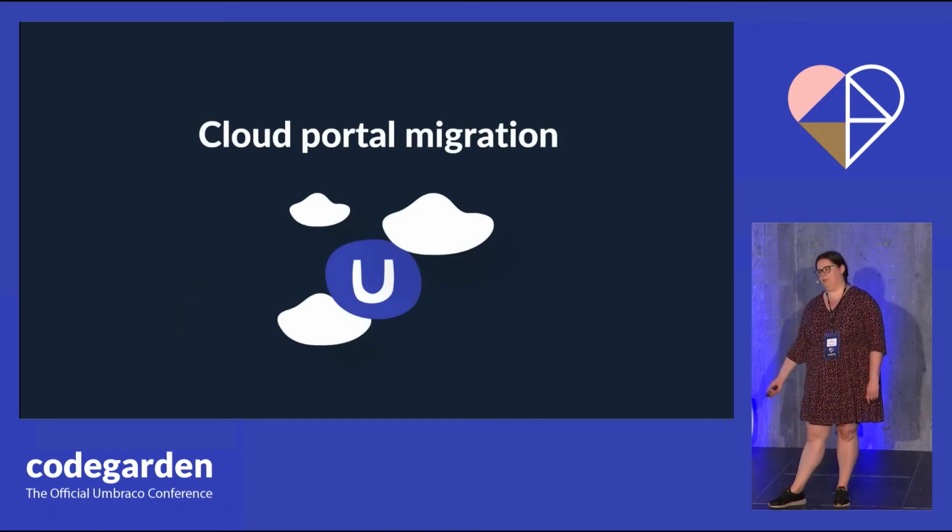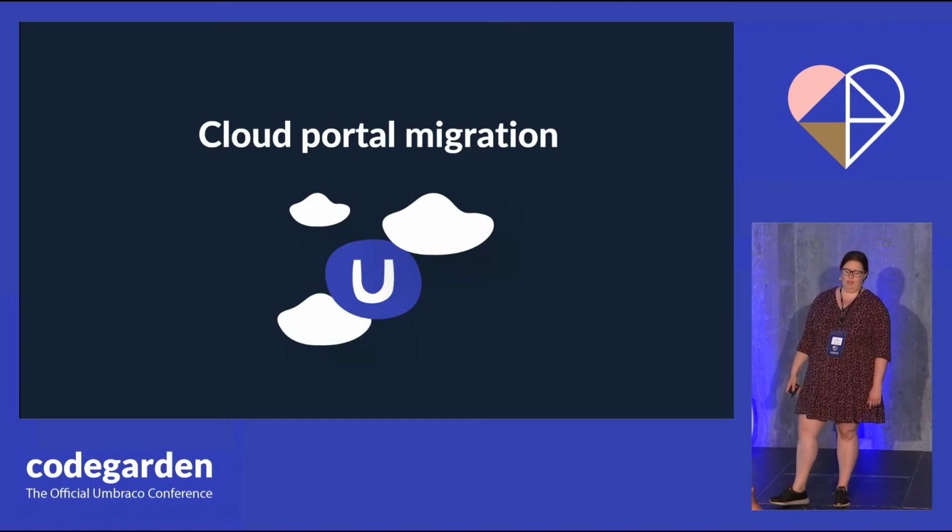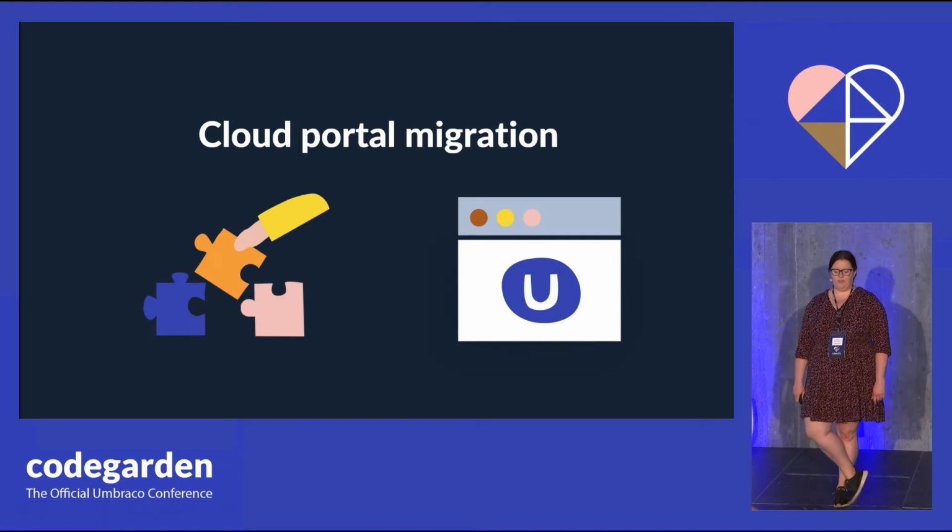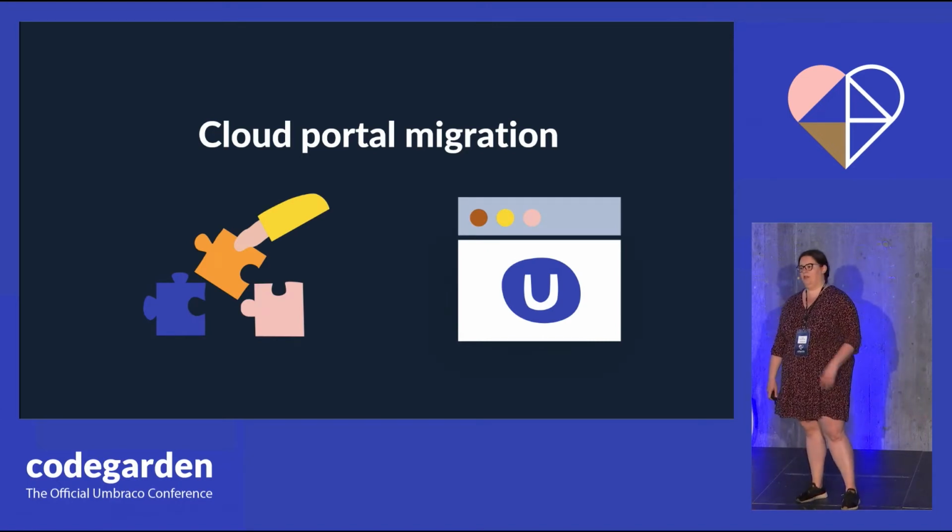So in the Cloud Portal, they allowed us to migrate gradually, view by view, and by not committing to any specific framework, it is possible to create an application where you can actually swap some parts along the way.